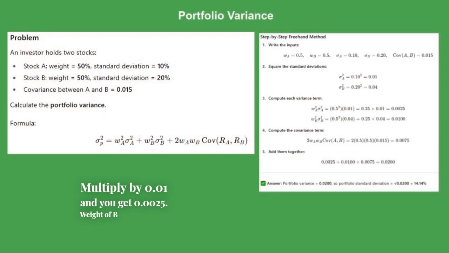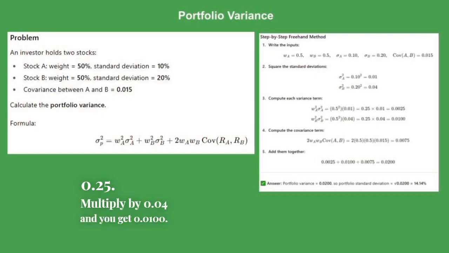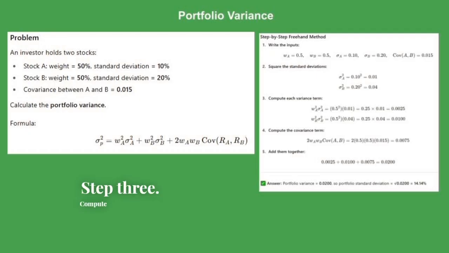Weight of B squared is also 0.25. Multiply by 0.04 and you get 0.0100. Step 3, compute the covariance term. 2 times 0.5 times 0.5 equals 0.5.